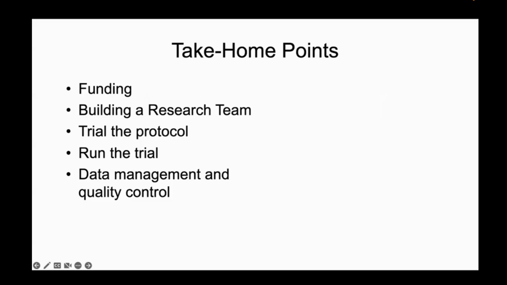It often comes from several different sources, and we use smaller funds to build grants for bigger funding and so on until you gather the resources that you're going to need to carry out your research. Building a robust research team, really the people really matter. Finding the right collaborators, developing a team of coordinators that can safely, ethically, and diligently carry out your research.